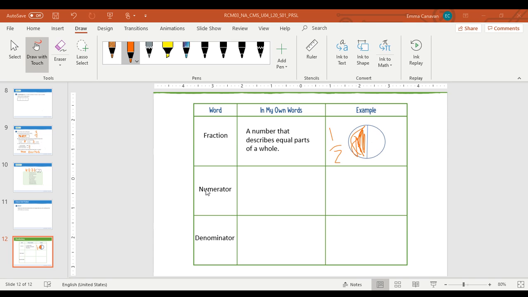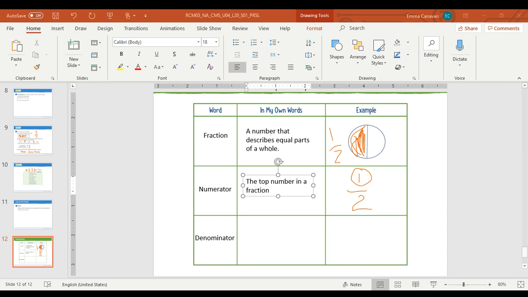Now, pause the video again and discuss how you could define the word numerator in your own words with the person closest to you. Well, we know that the numerator is, I'm going to start with the example here and work my way over to the definition, is the top number in a fraction, okay? So I'm going to record that in my note.